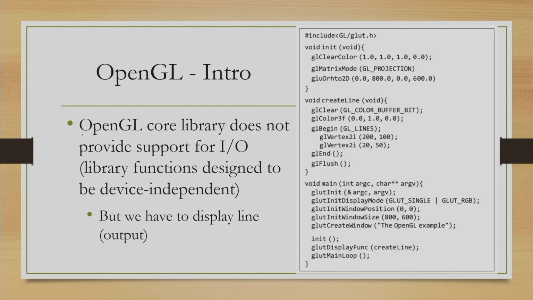The core library of OpenGL actually does not support input and output operations, because those functions were designed to be device independent, whereas support for I/O must be device dependent. So, we need to do something about it, because we have to display the line on the output, which is essentially a device dependent operation.